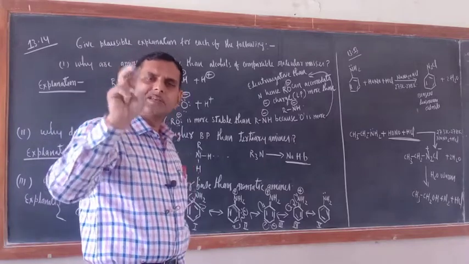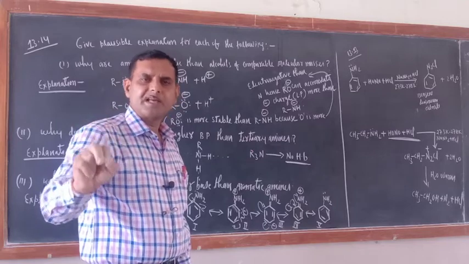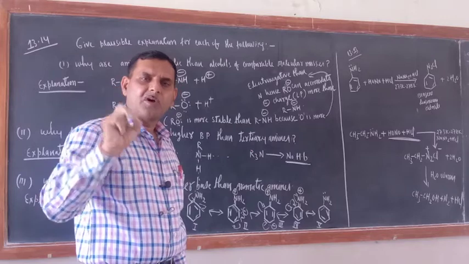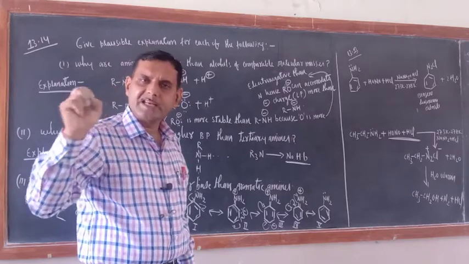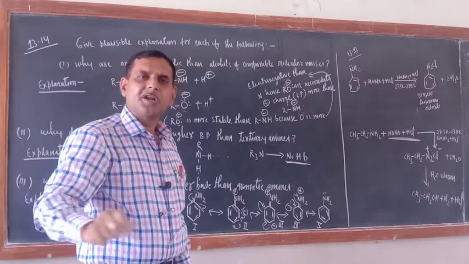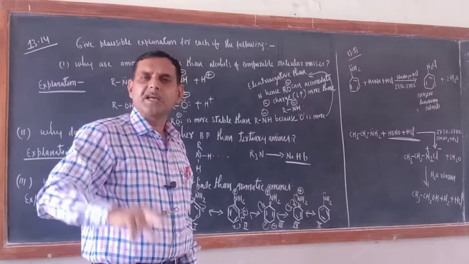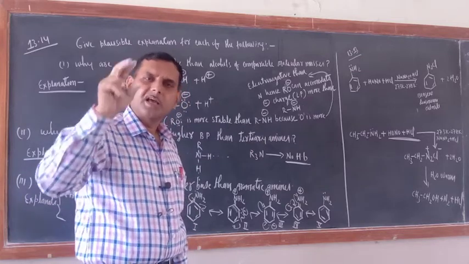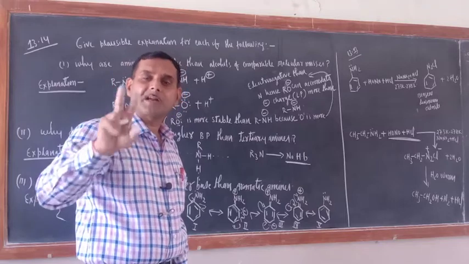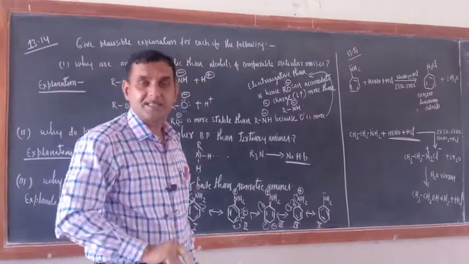Once again I am telling you, for the preparation of aromatic primary amines by Gabriel phthalimide method, we require haloarenes, and haloarenes do not undergo nucleophilic substitution reaction. That is why it is difficult to prepare aromatic primary amines, but it is a very good method for the preparation of aliphatic primary amines.